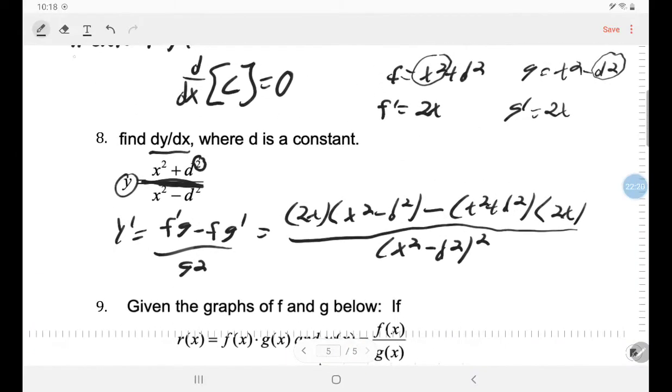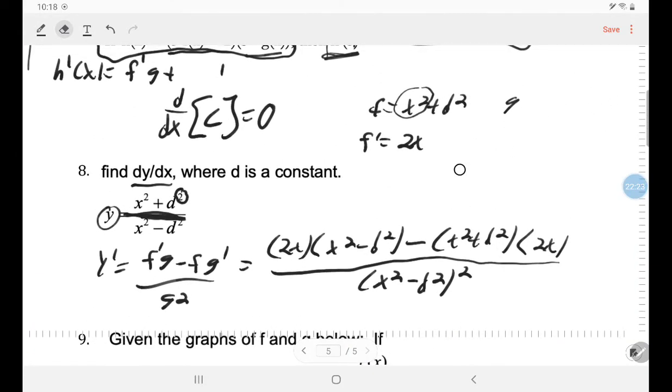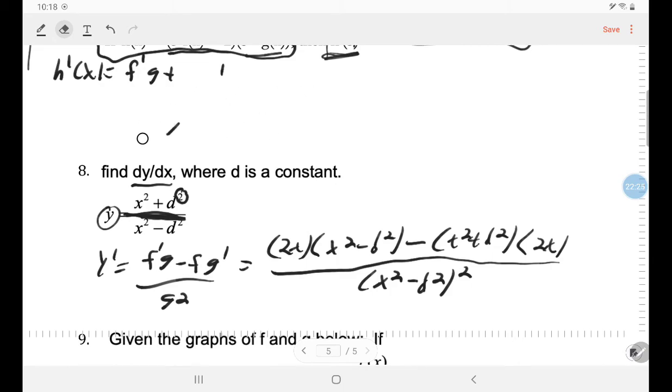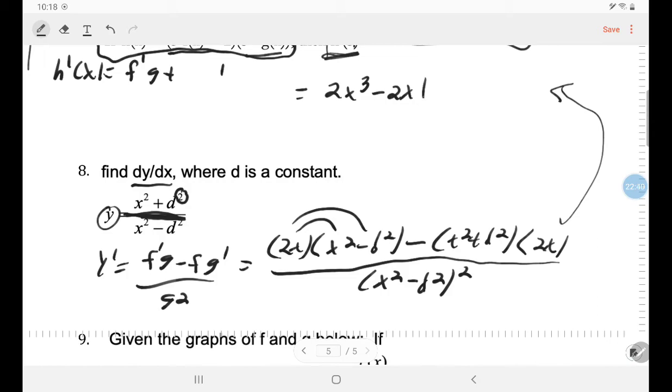Okay, so I'm going to move up here. I distribute. That is 2x cubed, sorry, minus 2xd squared. Now, when I distribute 2x here times x squared, that makes 2x cubed, but I'm also distributing the minus, so that's negative 2x cubed. Well, that's nice.